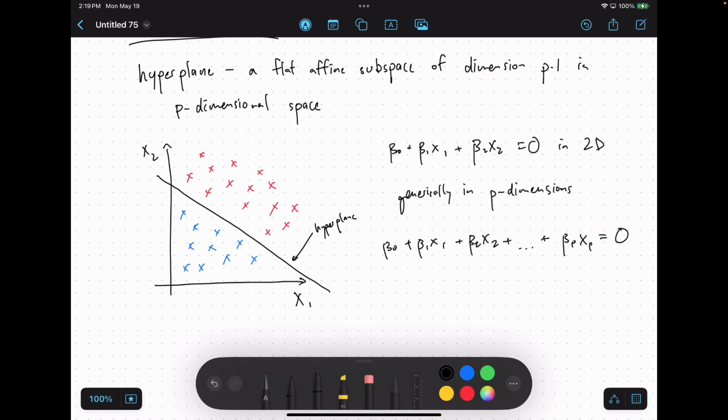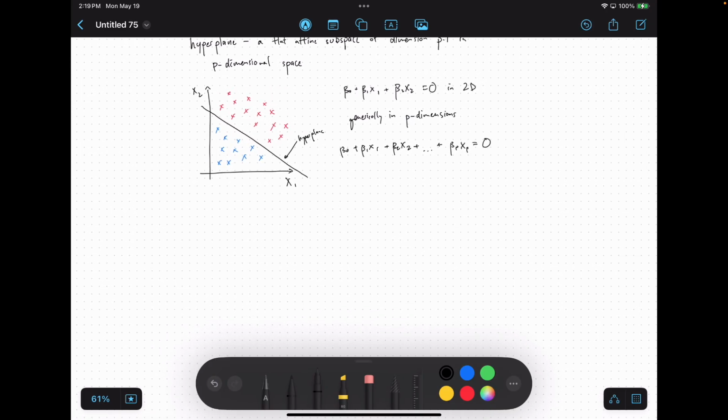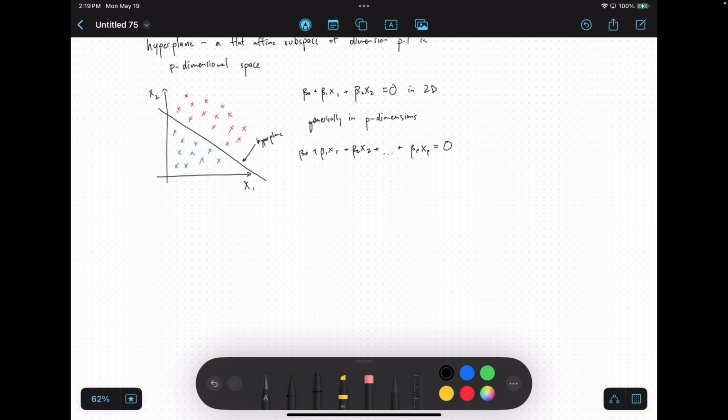Okay, so this is the concept that we're going to be building up when we figure out how to do some kind of classification system. Any questions about this? Yep, pretty straightforward.